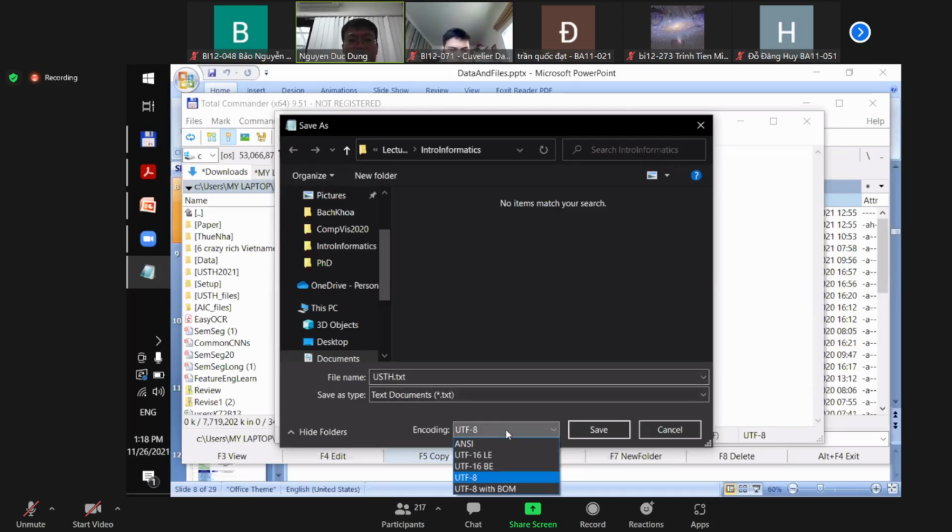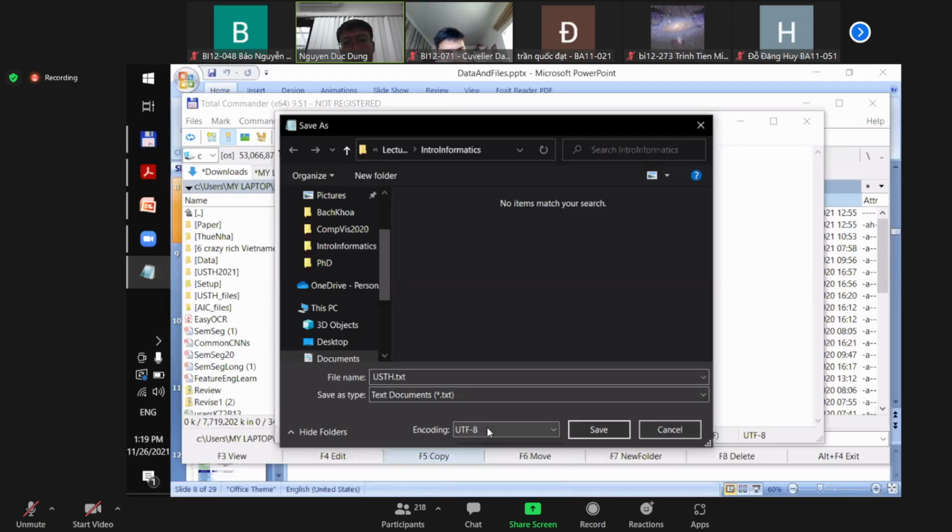And there are several encoding schemes here: the first one is ANSI, the second one is UTF-16 LE, then UTF-16 BE, and UTF-8.